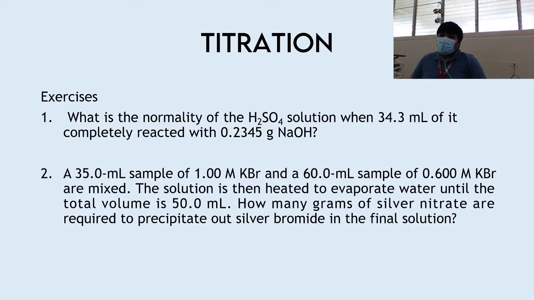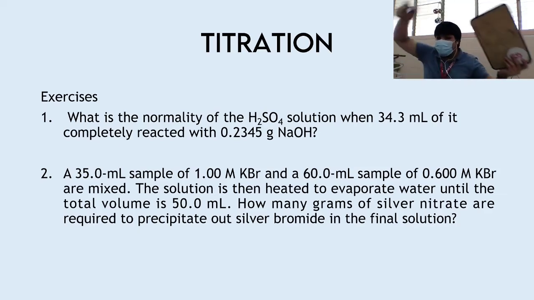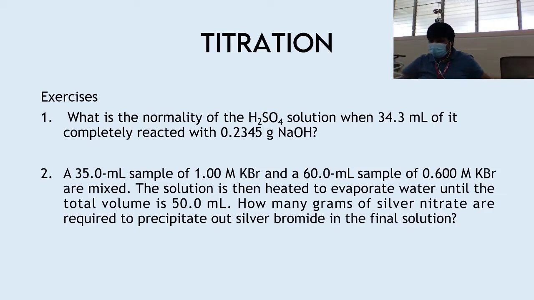So we need to know how many grams of silver nitrate is required to precipitate out the silver bromide in our final solution. Since we're given molarity, we need to establish again the chemical reaction for that one. Okay, why is it so hard to erase?